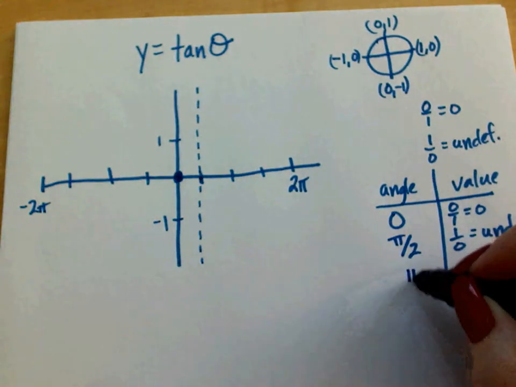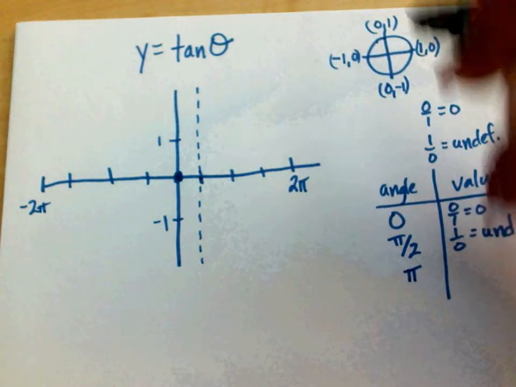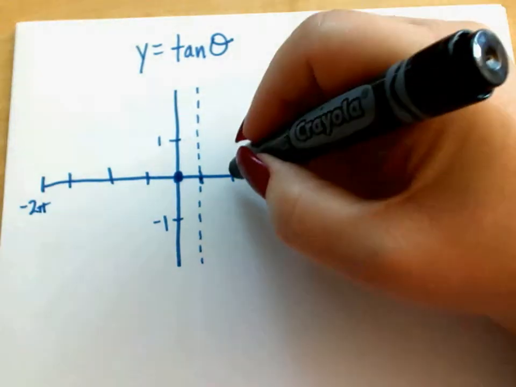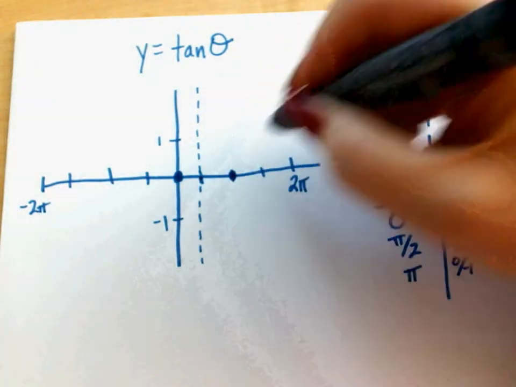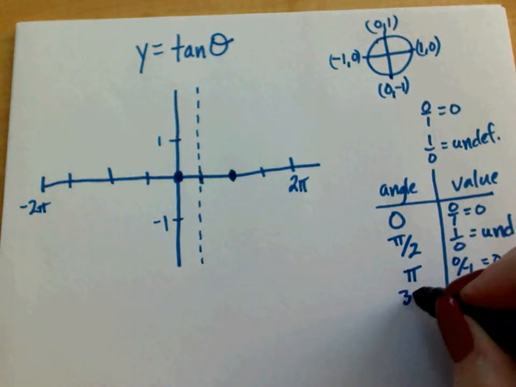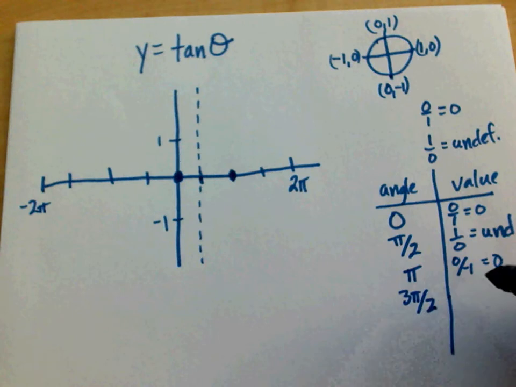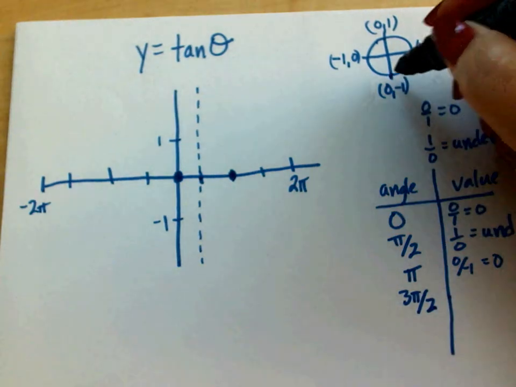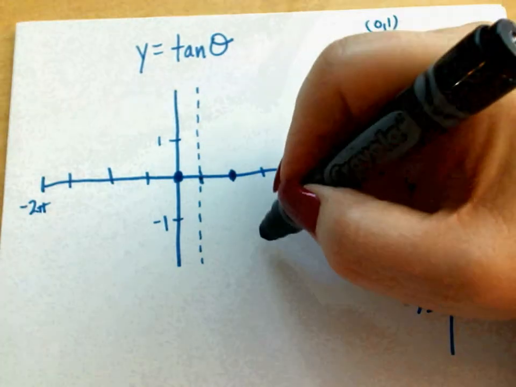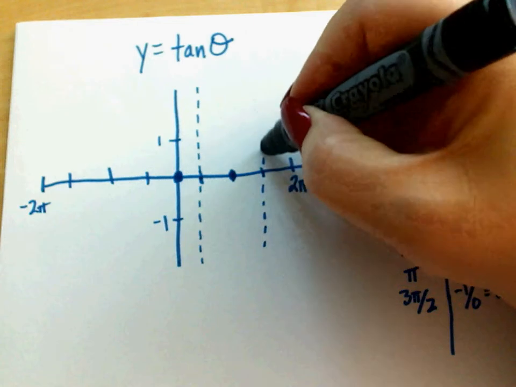And then at pi, right here, I have 0 over negative 1, and that is going to be 0. And at 3 pi over 2, which is right here, it would be negative 1 over 0, which is, once again, undefined. So I'm going to have another vertical asymptote.